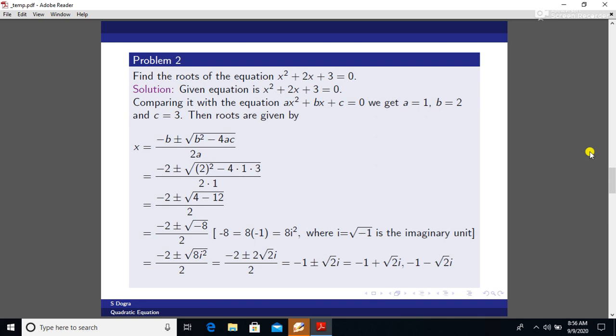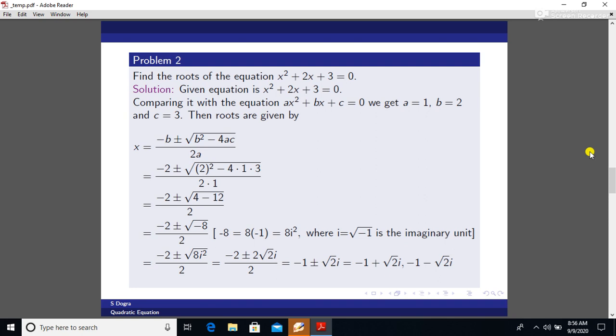We notice that there is minus 8 under root, and minus 8 can be written as 8 into minus 1, and minus 1 can be replaced by I square.